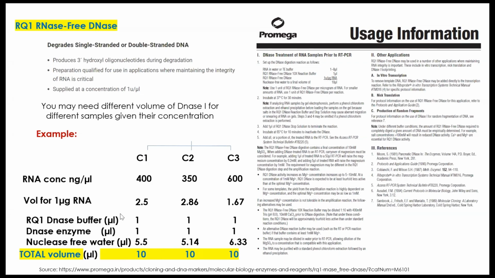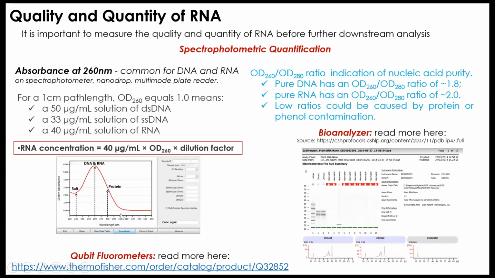Once you do the DNase treatment, it is very important, even before going for the cDNA synthesis, that you look into the quality and the quantity of RNA. Traditionally, to understand the quantity, we first do the spectrophotometric quantification, right?